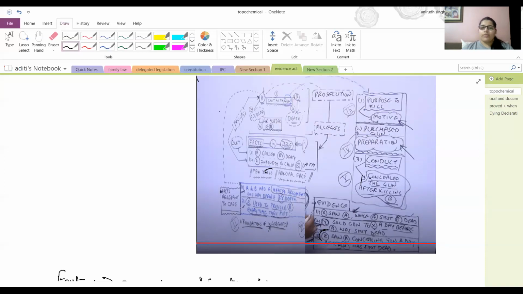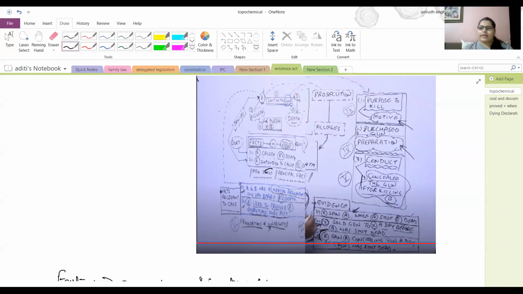Right. Moving on to the next part, that is your relevant facts. What are relevant facts? Relevant facts are the happenings that occur either before the event or maybe after the event. Let's suppose in the present case, A and B did not have a good relationship with each other, or maybe A used to irritate or instigate B unnecessarily.